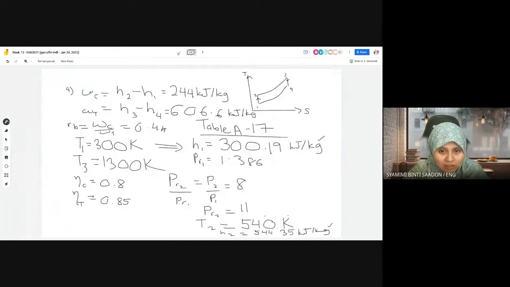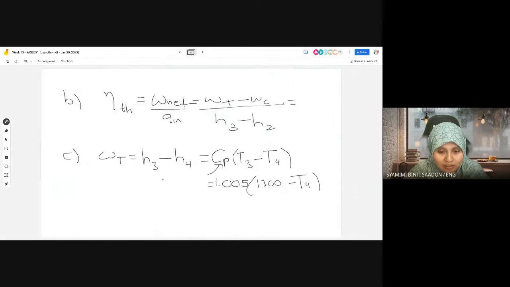The turbine work is 606 kilojoule, also in kilojoule. So we get T4.